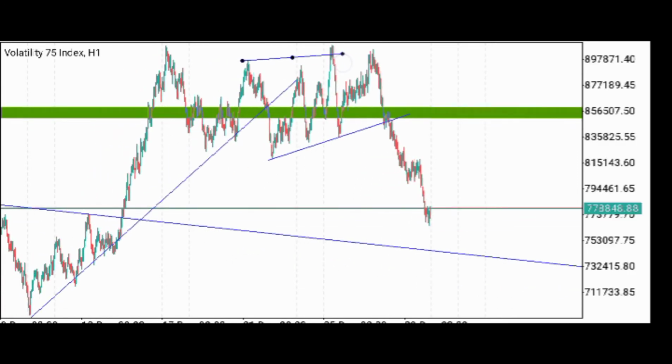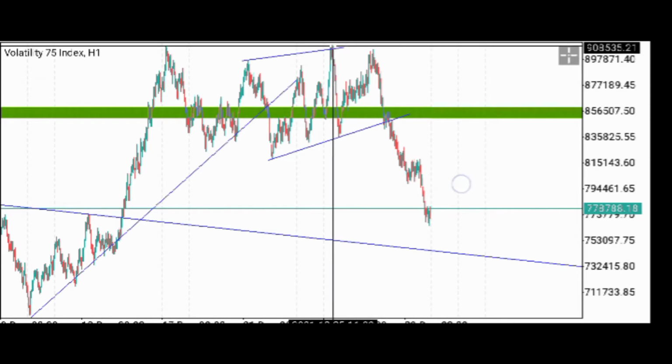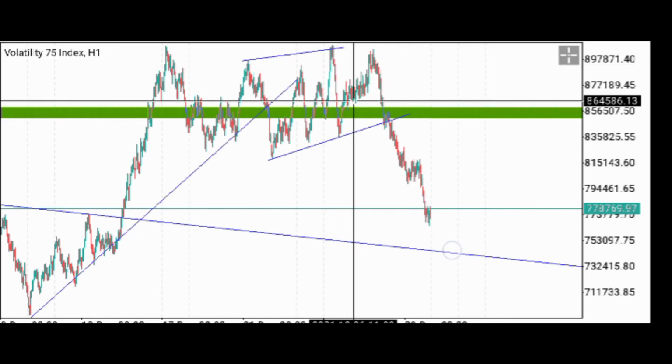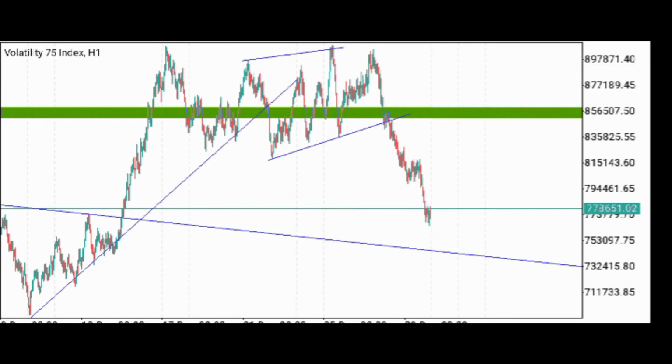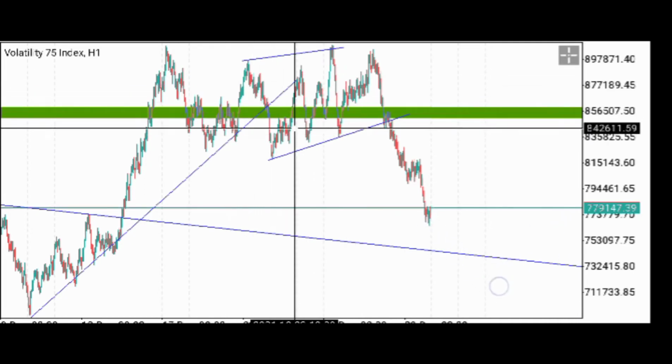This is our corrective movement. It's not well drawn, but you have to understand that it has to be above this price here. I've left it like this just to save time. So what you have here is a corrective movement after a trend line breakout.